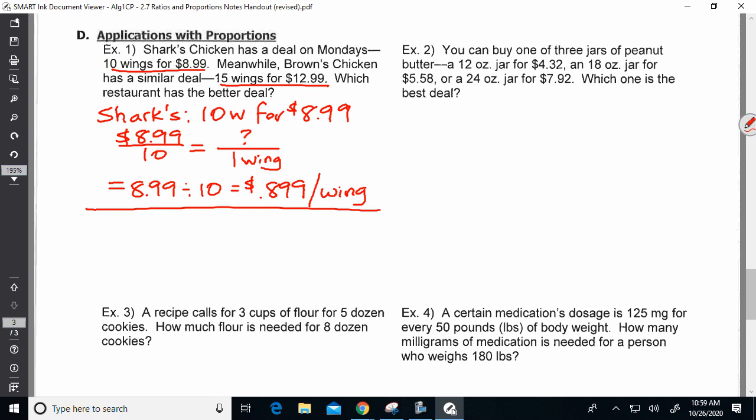But now I gotta do the same thing for Brown's. 15 wings for $12.99. So I can do the exact same thing. $12.99 divided by 15 wings.